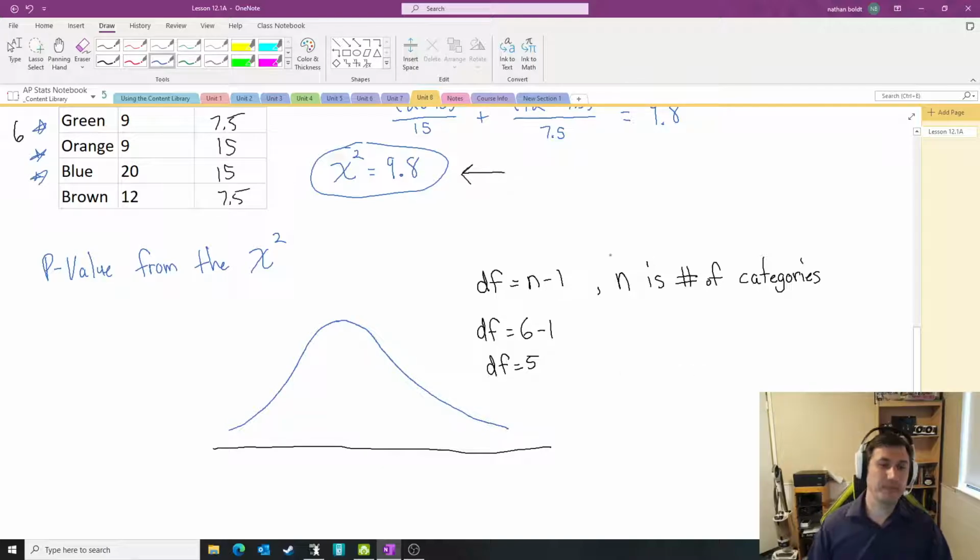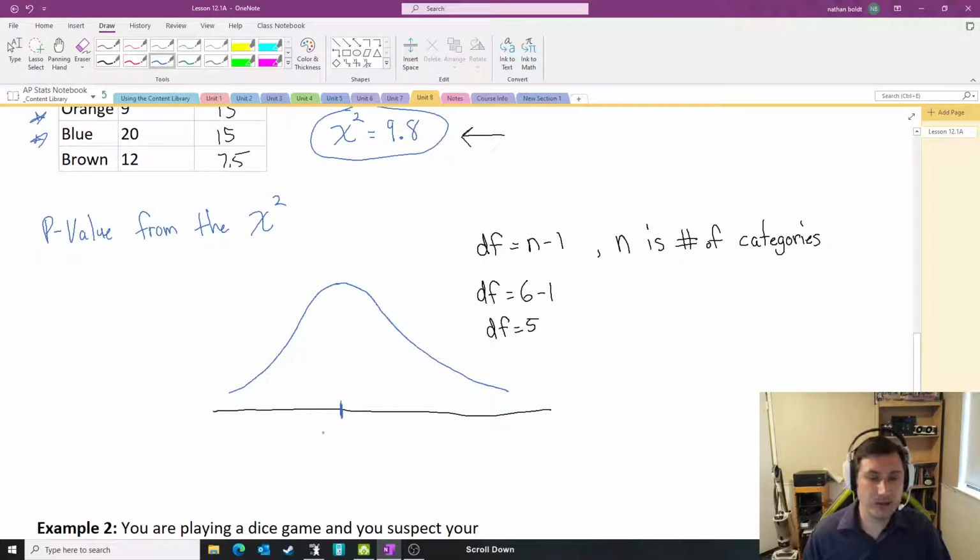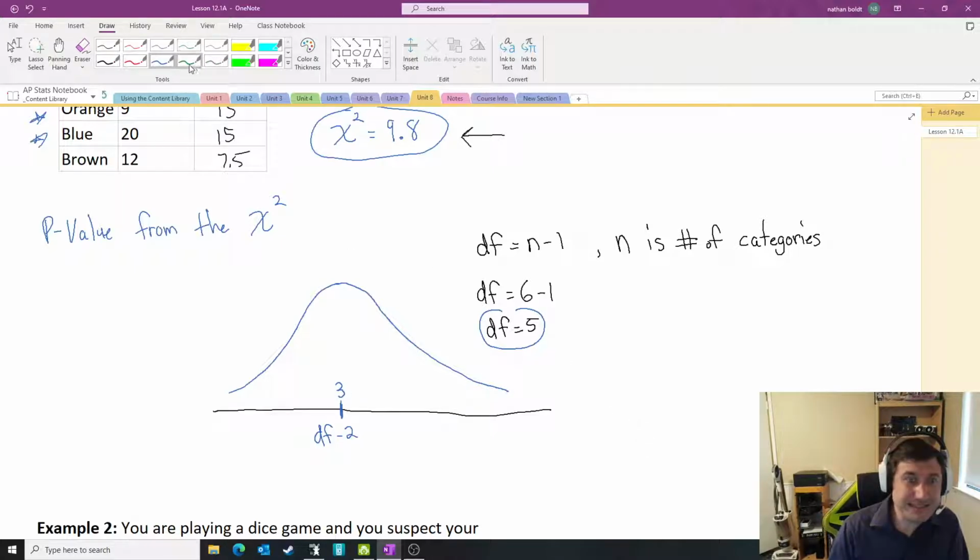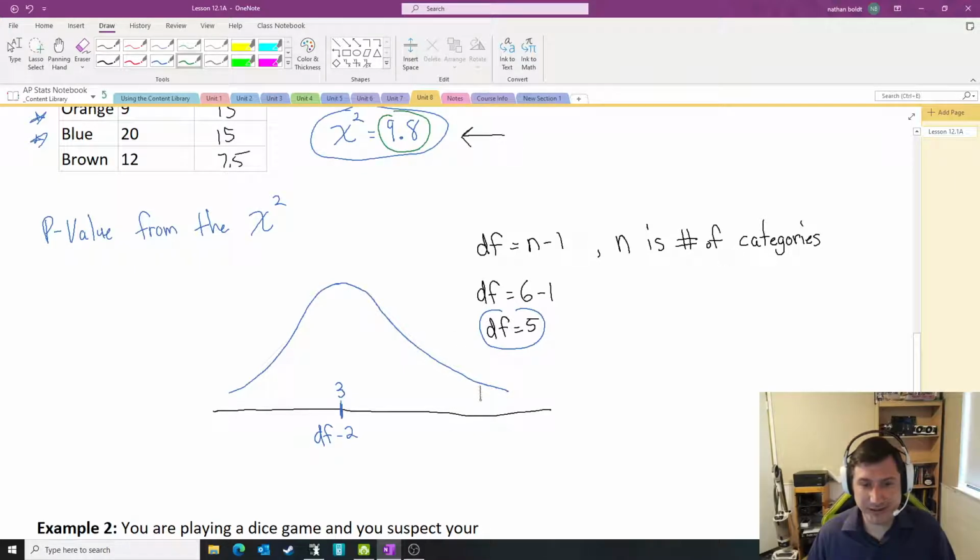That's a little better. The peak of a chi-squared is always degrees of freedom minus 2. So the peak for this chi-squared distribution that has a degrees of freedom of 5 will be at 3. If the peak is at 3, 9.8 is going to be pretty far over here, isn't it?